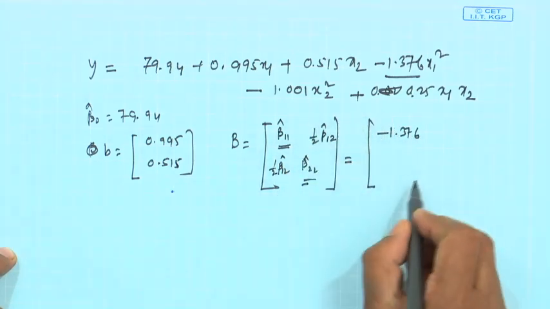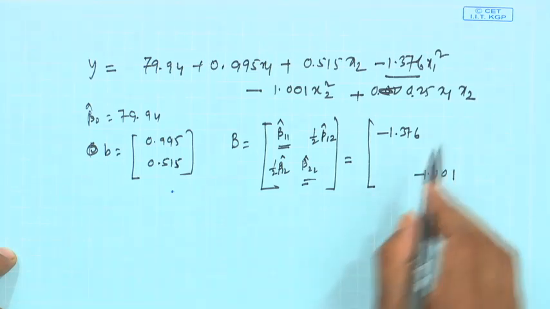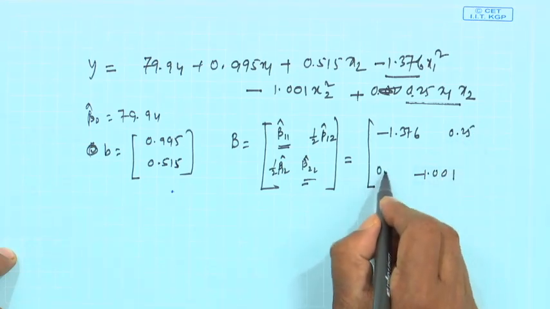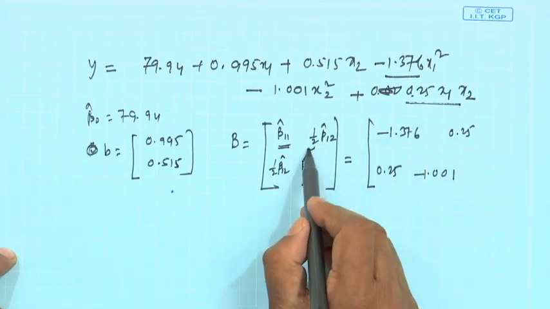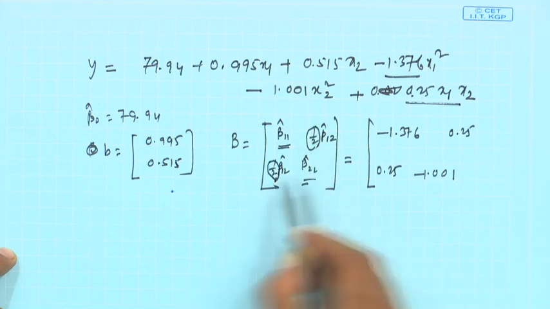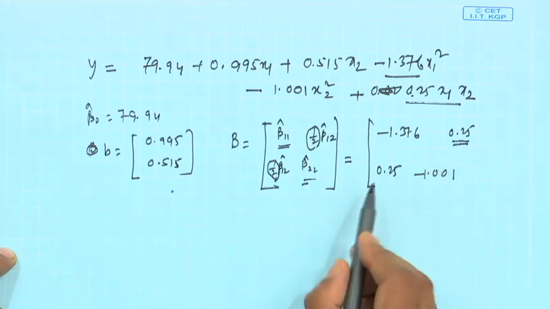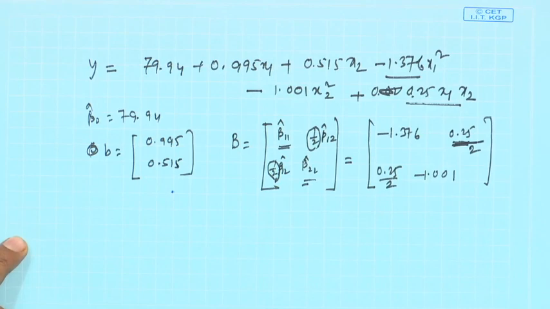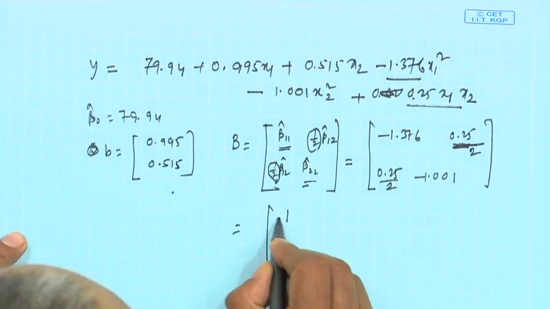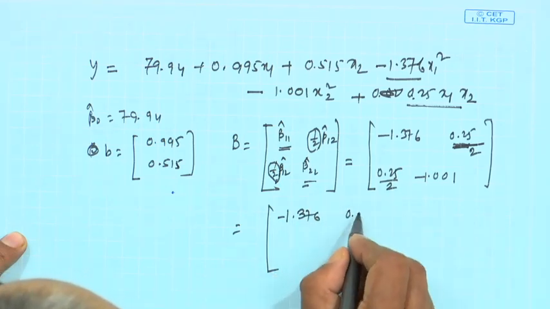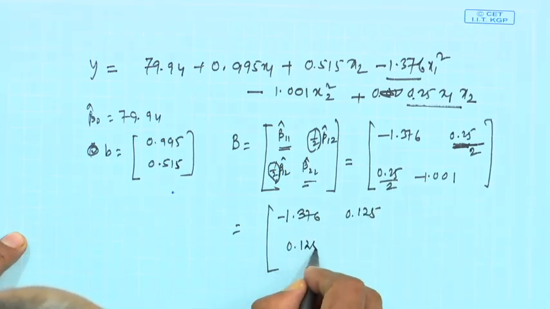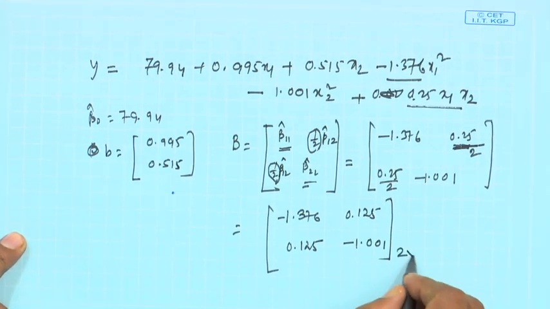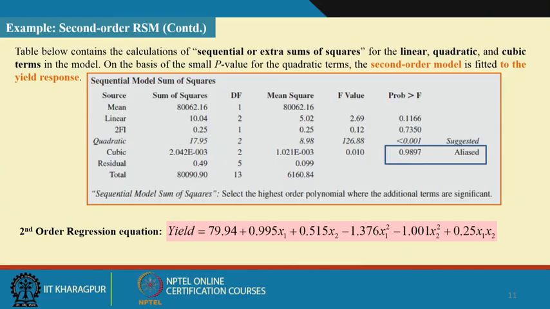Beta 22 is minus 1.001. Beta 12 is 0.25, but please remember there is a half for the off-diagonal elements, so this by 2 and this by 2. So, the B matrix will be minus 1.376, 0.125, 0.125, minus 1.001, a 2 cross 2 matrix.